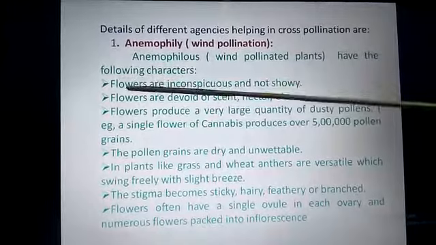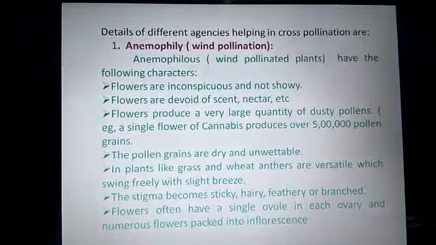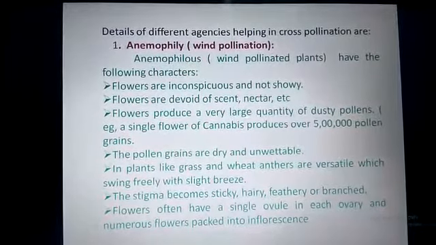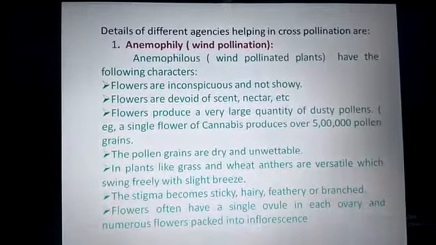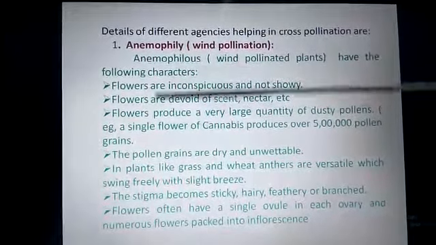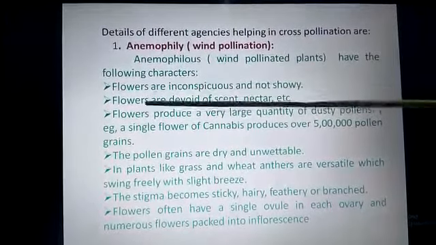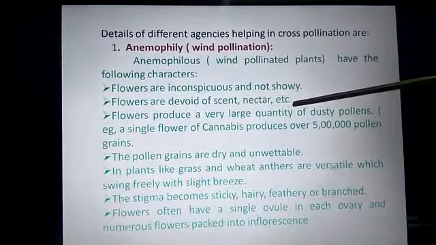Number one, flowers are inconspicuous and not showy. That means the flowers are not that noticeable to the eyes of pollinators. Flowers are devoid of scent, nectar, etc. The flowers don't have smell or nectar.